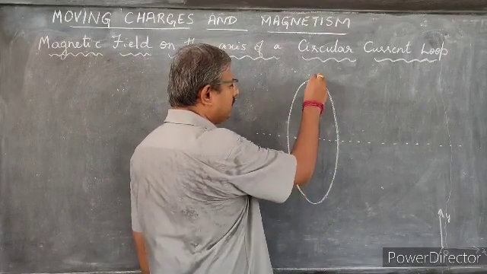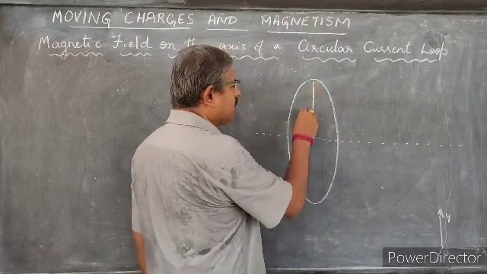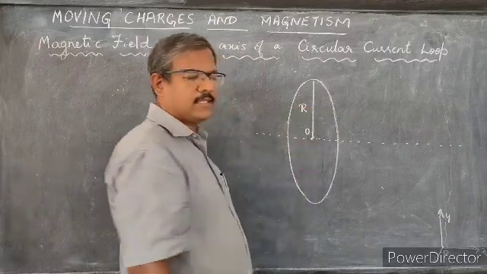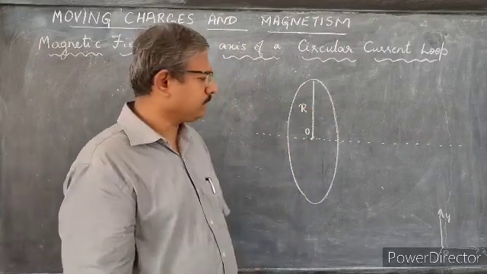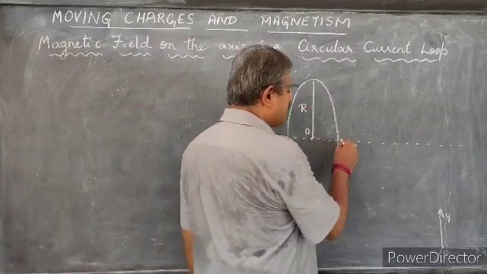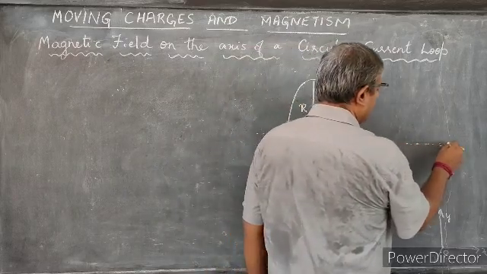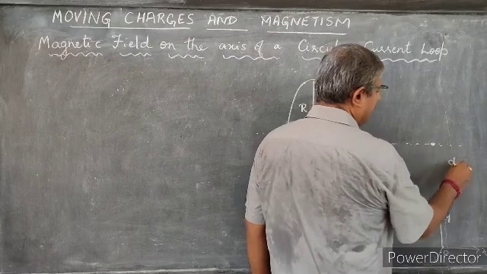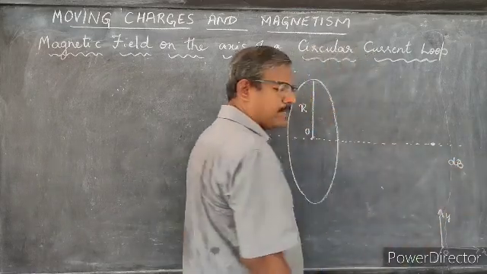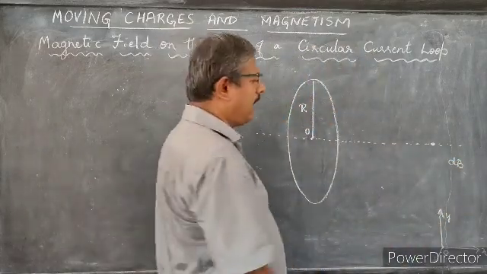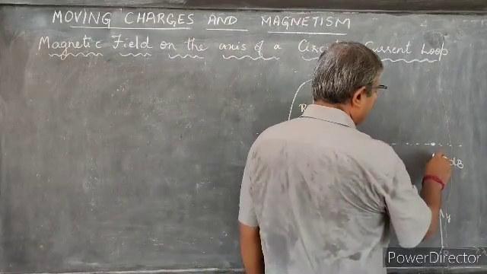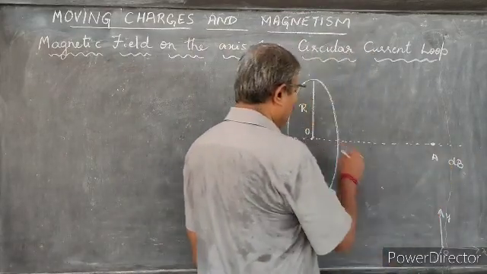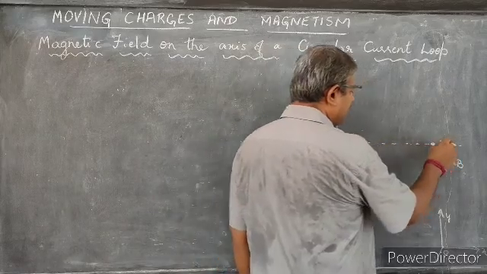Now I'll assume that the radius of this loop is capital R, and I am interested in finding the magnetic field, let's say dB, at a point A which is along this axis.